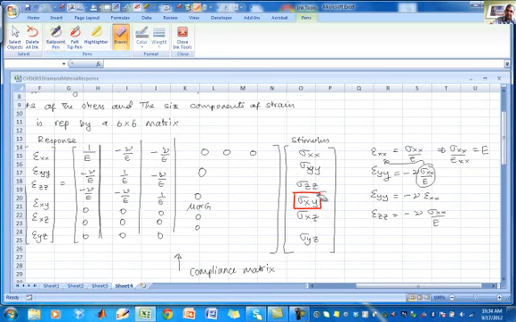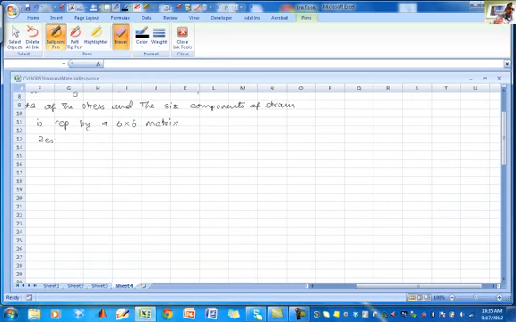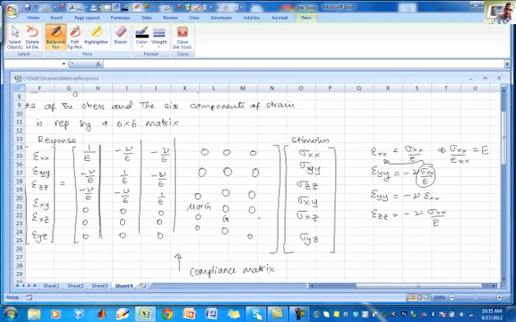Then I can cycle my way through, and if you do that, you will get 0 0 0 G or mu, 0 0 0 0 G or mu, 0, sorry, 0 G. So I will get 3 constants. The 6 by 6 matrix has only 3 parameters. One is called Young's modulus, one is called Poisson's ratio, and the other one is called shear modulus, which is G or mu. Either way we have to keep it. These are the 3 numbers.